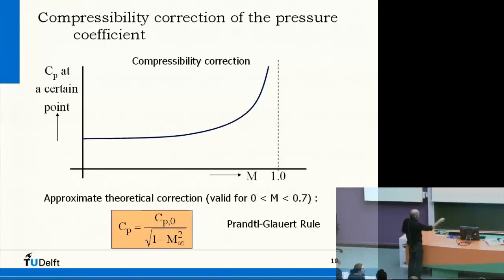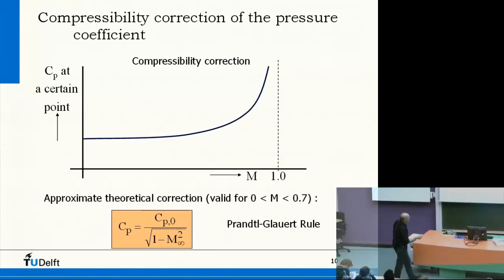So this is incompressible and this is compressible. You see that Cp goes up. If M goes to 1, then this is getting smaller and smaller, so Cp goes up. And with Cp going up, then also the velocities go up.